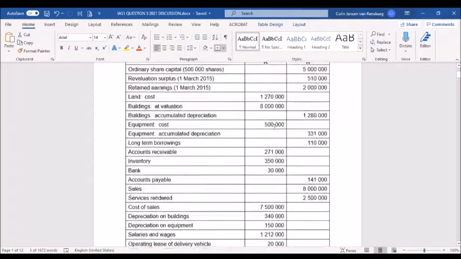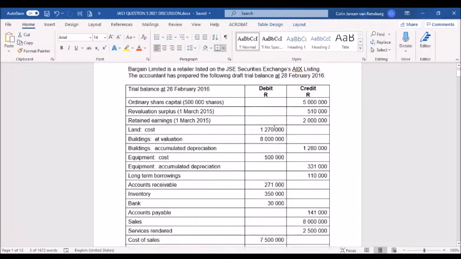So now the question I need to ask you here, actually, when we have a look at those various kinds of equity there, I know that they mentioned their 1st of March in the case of the revaluation surplus, retained earnings. 1st of March, we know that we've made an adjustment to the revaluation surplus.